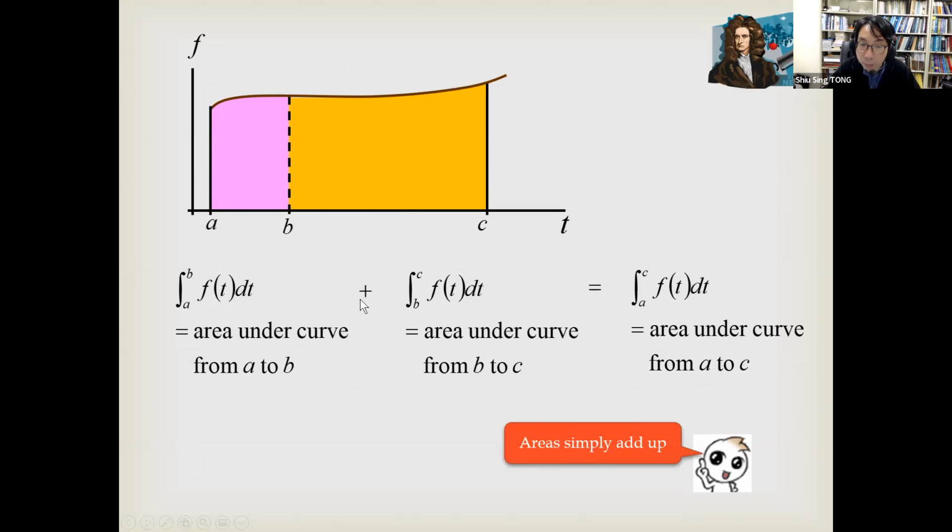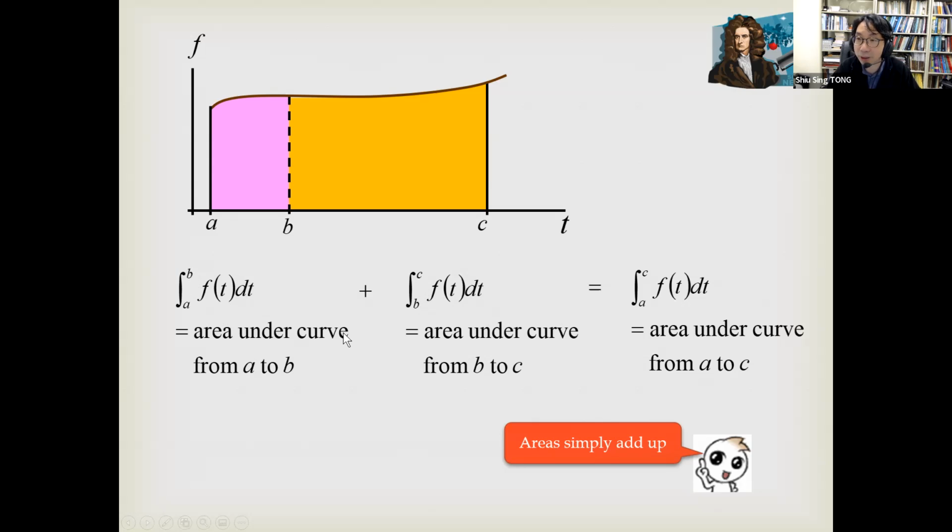So if I sum up the two integrals, that obviously results in the area bounded below by the curve between a and c, which is represented by the integral of f from a to c, right? So you can see when the two integrals add up, the b no longer appears.